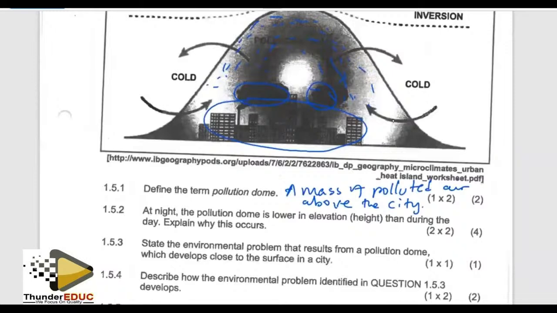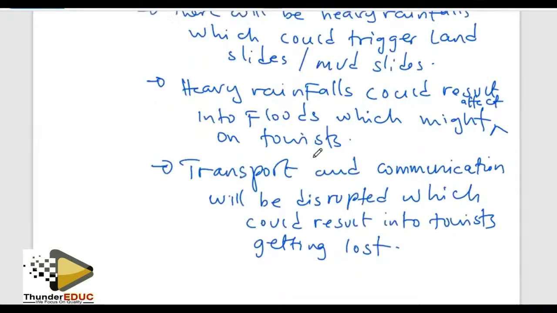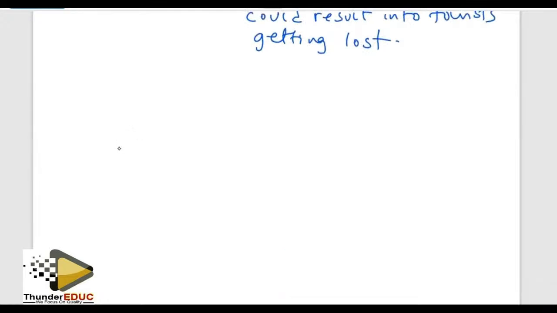1.5.2, they say at night, the pollution dome is lower in elevation than during the day. Explain why this occurs. So let us try to use the blank page to illustrate the two.